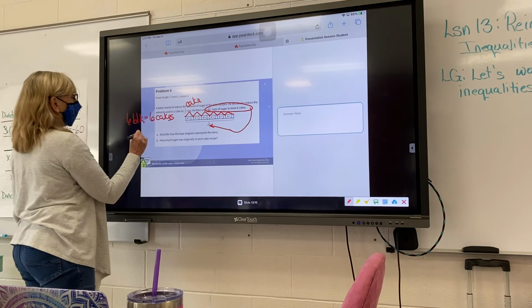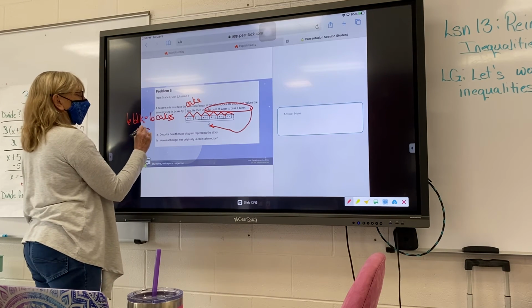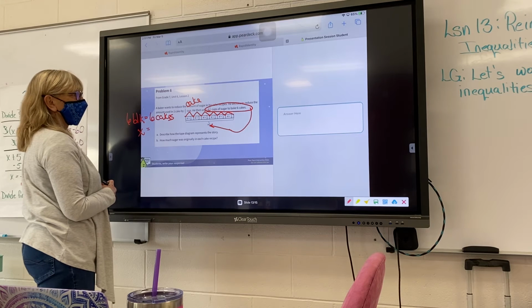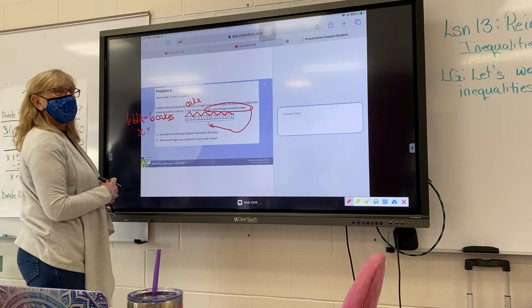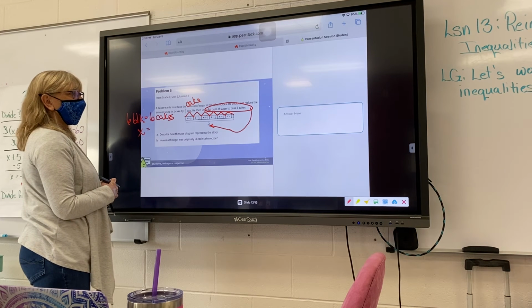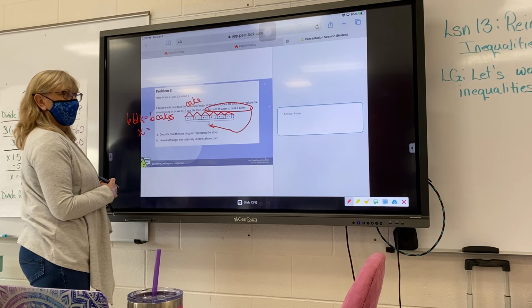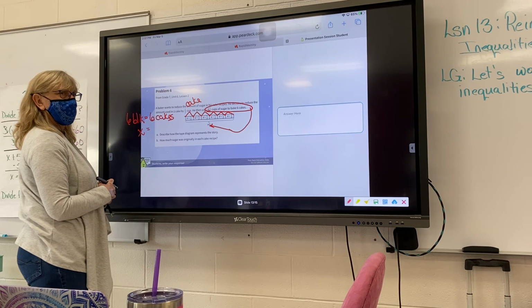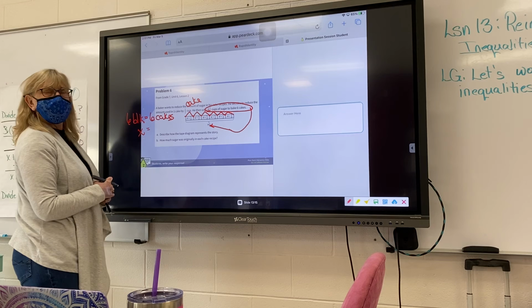Okay, what does X represent? It says he wants to reduce the amount of sugar, so where does the reduced come in? Is that X? So what is X?